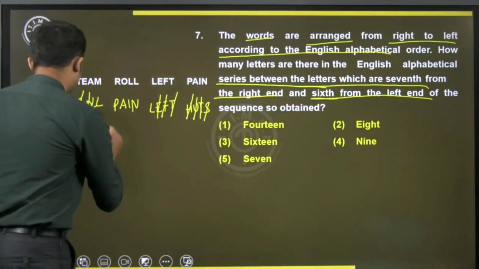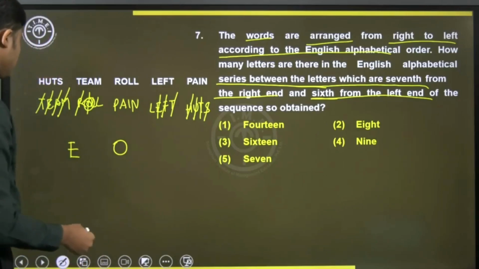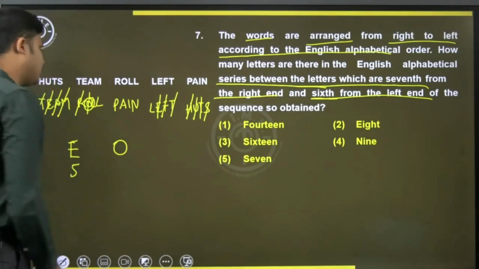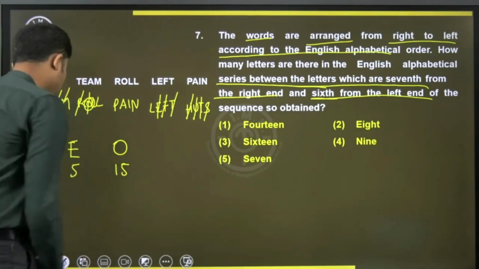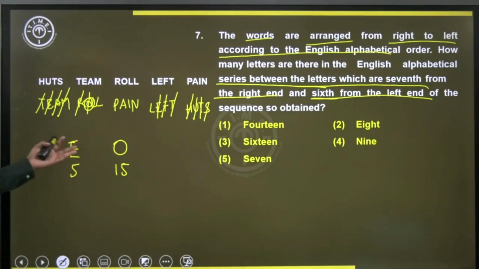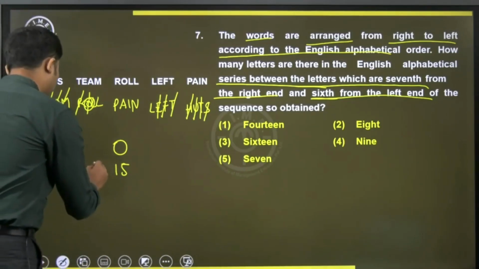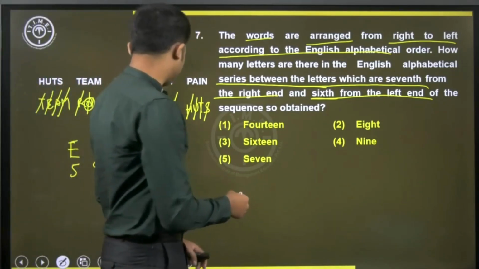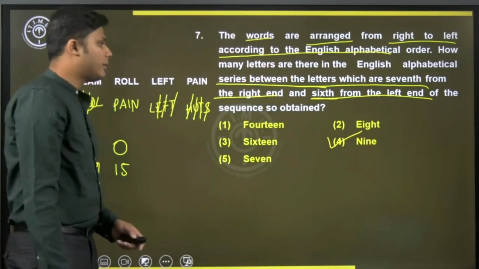O is the 6th letter from the left hand. We know the place value of E is 5 and the place value of O is 15. So the number of letters between 5 and 15 is 9. So therefore there are 9 letters between E and O. This is given in choice 4.